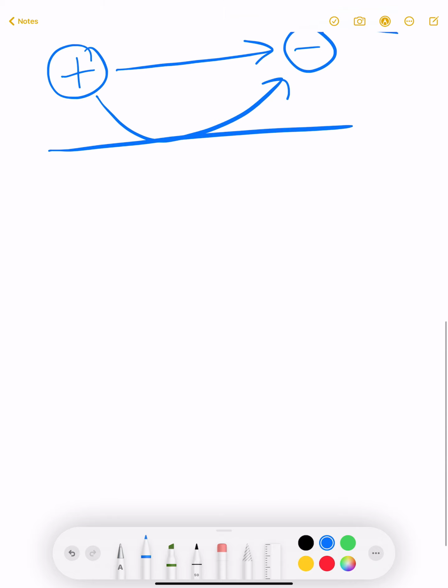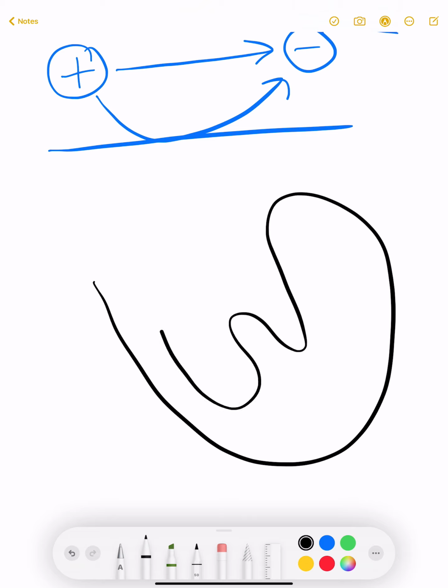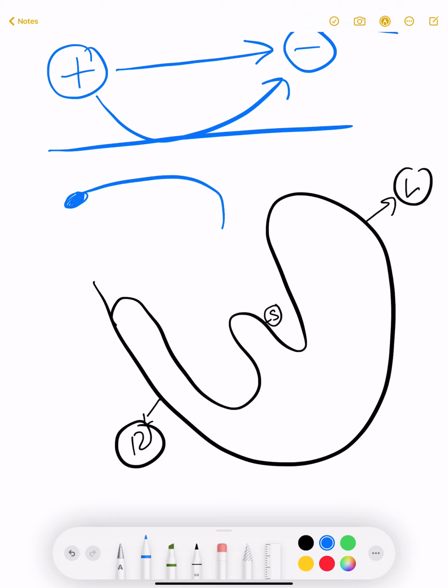Now come back to our medical field. We have our heart with a thicker left ventricle, a thinner right ventricle and a septum, and we know our conducting pathways. The impulse generates from the SA node and depolarizes both atria.